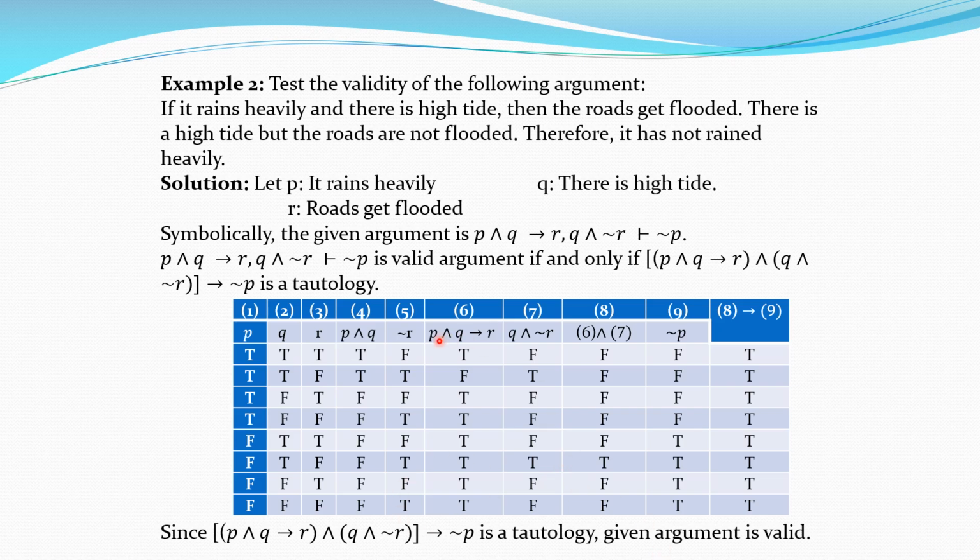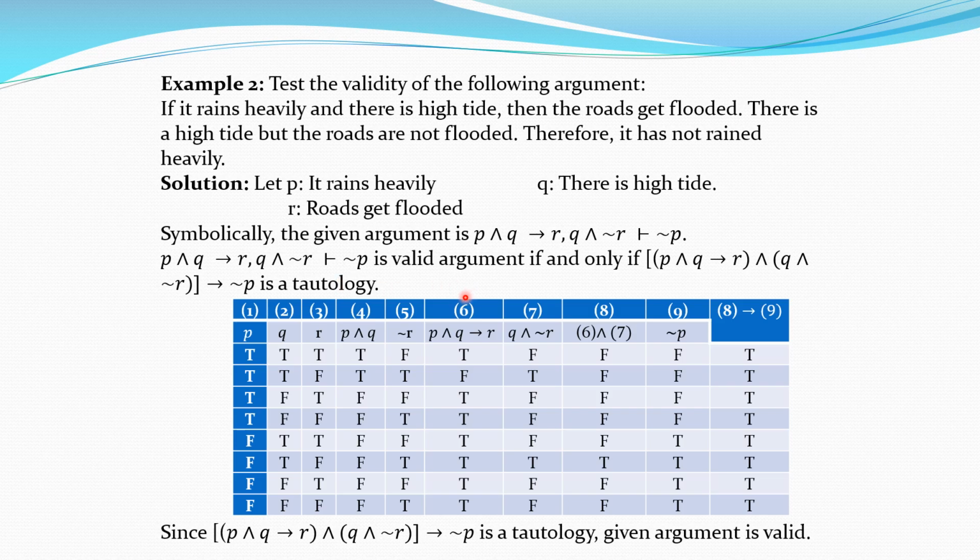Now, even though the truth table method is very easy, because making a truth table is a very easy part, the main thing is that if there are only two or three variables in the argument, then that table is very easy because it contains only 4 rows or 8 rows respectively. But many times the argument contains 4 variables or 5 variables. See, if the argument contains 4 variables, then there will be 2 raised to 4, that is 16 rows in the table.